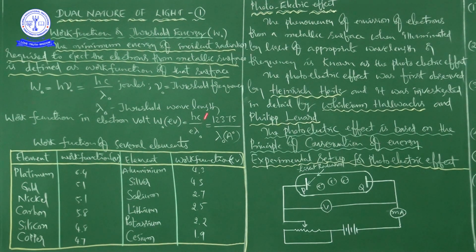So every time, instead of substituting the h value and c value and multiplying, they have simply given one number, that is 12375. So W naught is equal to 12,375 divided by lambda, with lambda in angstrom units. It is the expression for the work function in electron volt.